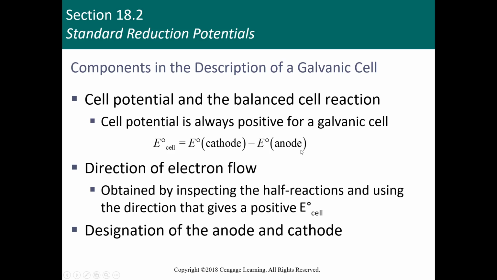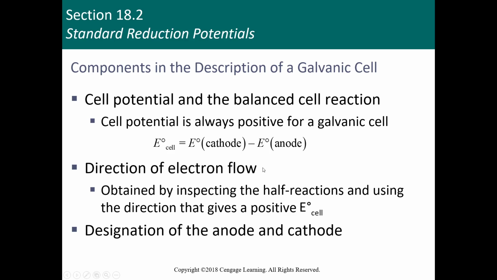Oxidation happens here. So at the oxidation, at the anode, you're going to be taking electrons off. Those are going to be moving to the cathode, which is your reduction. Okay, so keep that in mind whenever you look at these things.